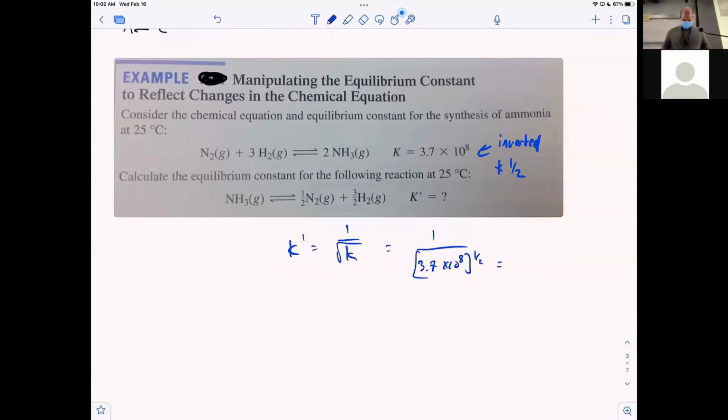And what is that? Something close to 2 times 10 to the 4, so maybe like 5,000.